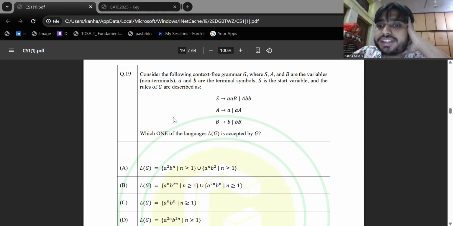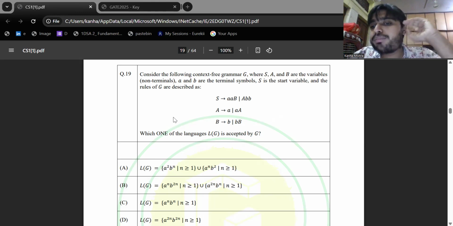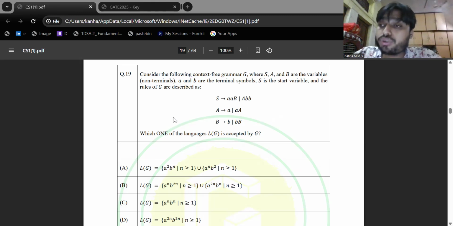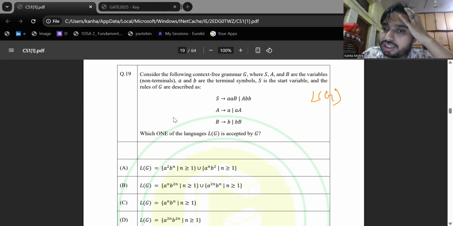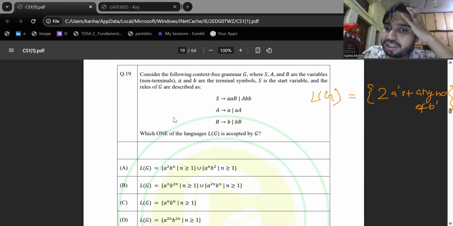Now let's understand what the full language is. We can take both types of words from both the rules. So the context-free grammar L of G is equal to a single a plus any number of b's, union, because it can have both the things. Since we are doing union, what is a union?